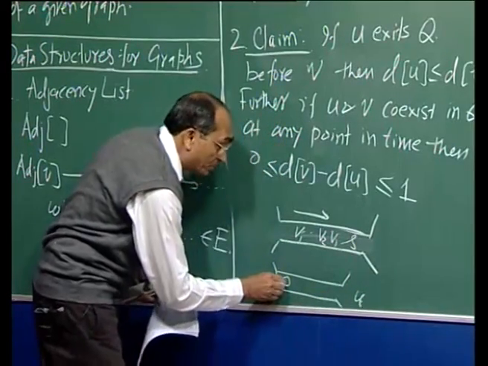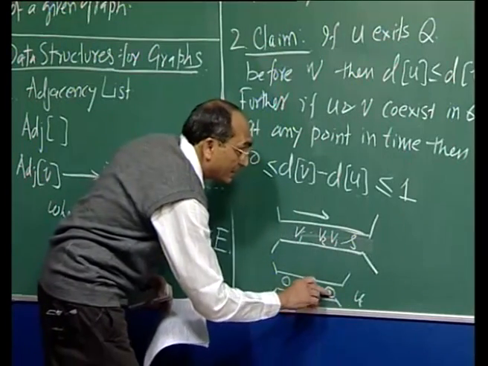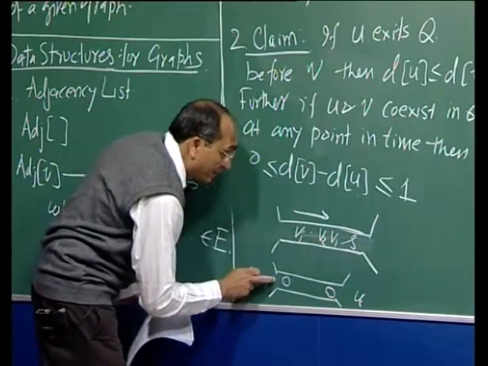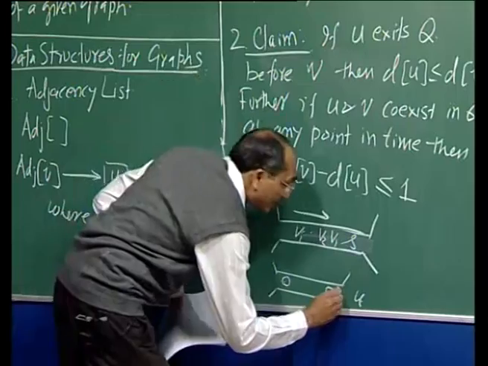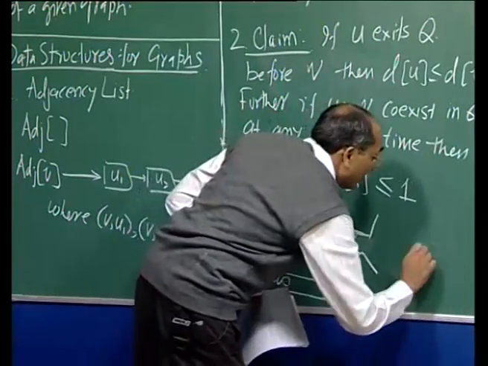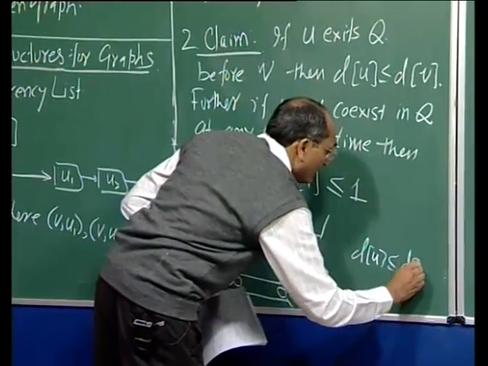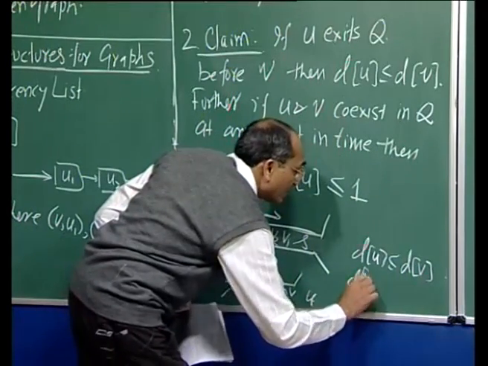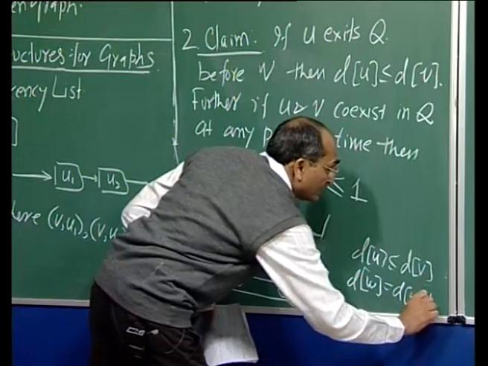This is the d of u plus 1. This vertex has d value greater than this, and hence their children that will enter here will have d value of 1 plus this. If this is say v and this is w, then we have the inequality d of u is less than or equal to d of v, and d of w is d of u plus 1.